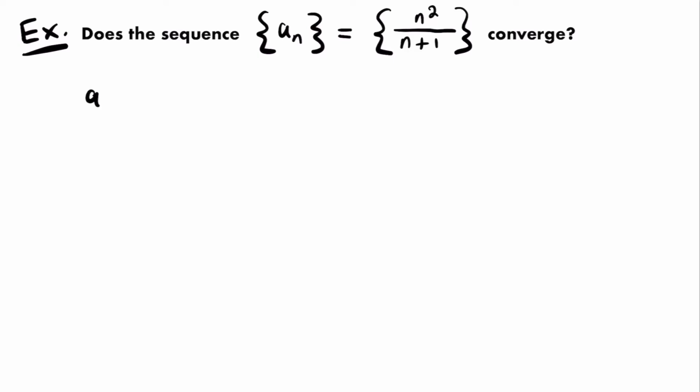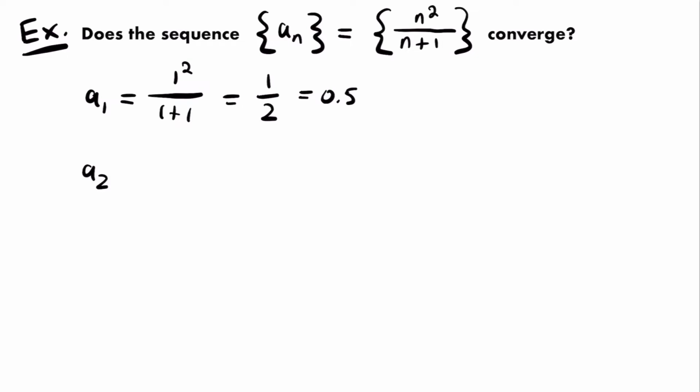And so a sub 1 will be equal to 1 squared divided by 1 plus 1, right? We're just plugging in that value of n for n in our sequence. And so that's equal to 1 half, because 1 plus 1 is 2 and 1 squared is 1. And I'm just going to write the decimal values as we go as well. That's equal to 0.5.